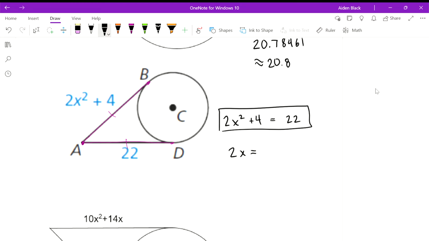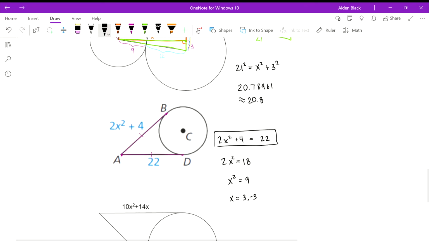If that equation is true, then we can do some algebra. Subtract 4 from both sides, we get 2x equals 18. Sorry, 2x squared equals 18. If we cut both of these in half, we'll get x squared is equal to 9. Therefore, x is equal to plus or minus, I'll just write it like this, 3 comma negative 3.